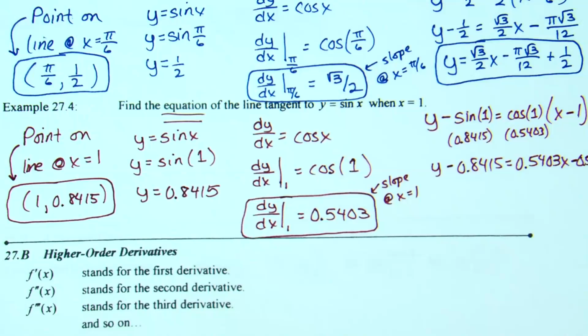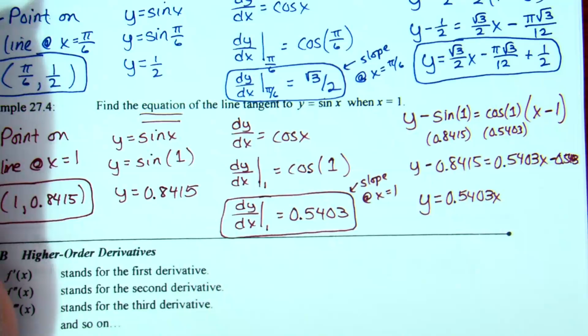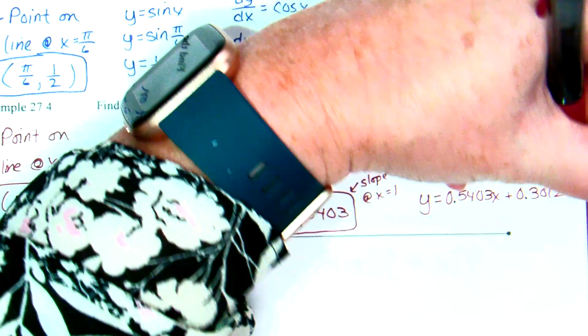So, y equals, did you get it yet? 0.5403x, and then it's minus 0.5403 plus 0.8415. What does that come up to be? 0.3012.